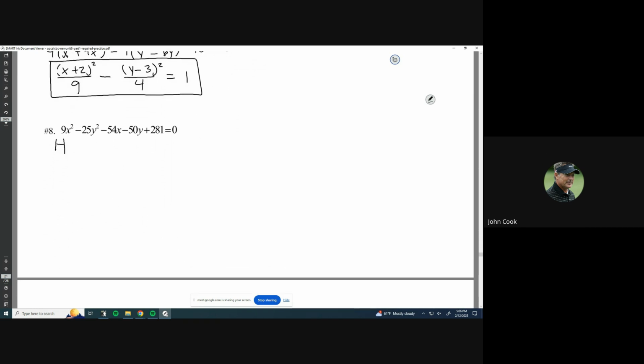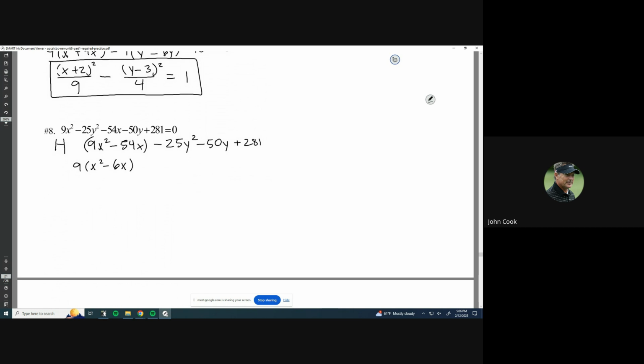And one more. So group the x's, group the y's, and then factor out the coefficient term. So if I factor out a 9 from that one, I get x squared minus 6x.